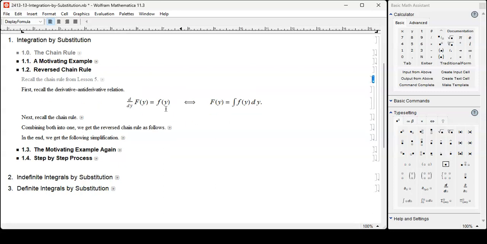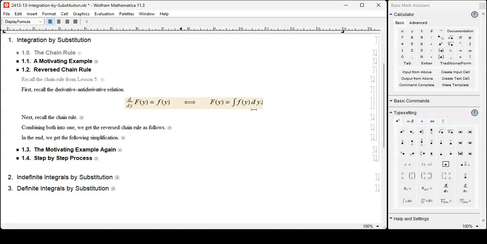In integral calculus, we're going to begin with integrand f, that's the original function, and we want to find that antiderivative function, capital F. So the derivative of capital F is small f. Equivalently speaking, capital F is the indefinite integral of small f. These two expressions are the same, equivalent, modulo plus c, but let's ignore the arbitrary constant plus c for the time being. In that case, these two are the same.